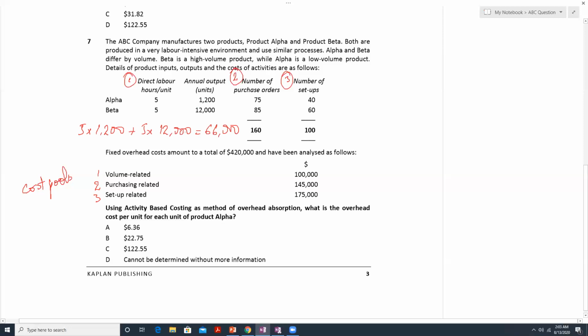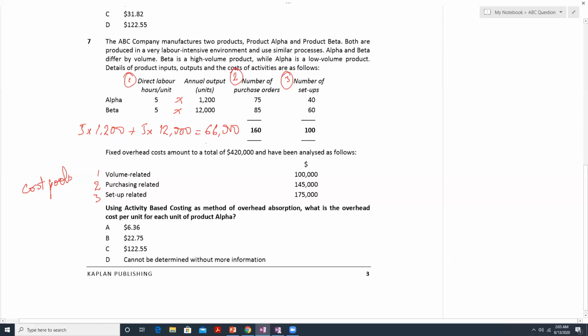The total becomes 66,000. How did I calculate this figure? I multiplied the direct labor hours per unit by the annual output. As each unit of alpha takes 5 hours and 1200 units are produced, I multiplied 5 by 1200, and then I added the total direct labor hours for beta, which I computed by multiplying 5 by 12,000.